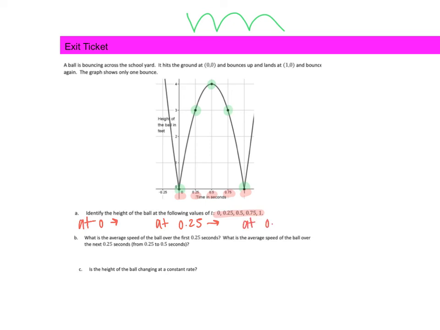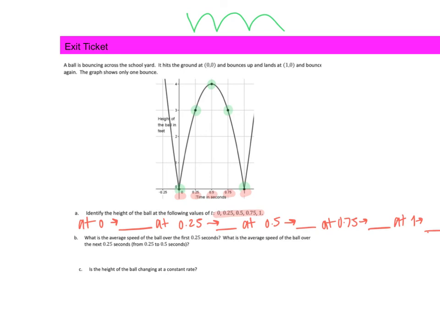At 0.5 seconds, how high was this ball up in the air? At 0.75, and at 1 second. So you're going to have 5 answers here, to be exact.